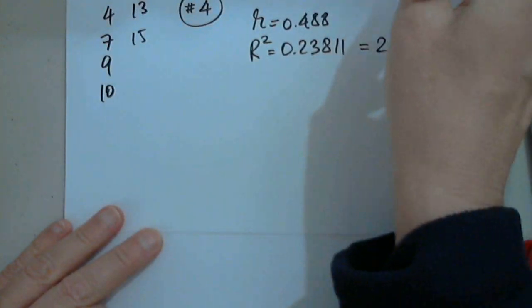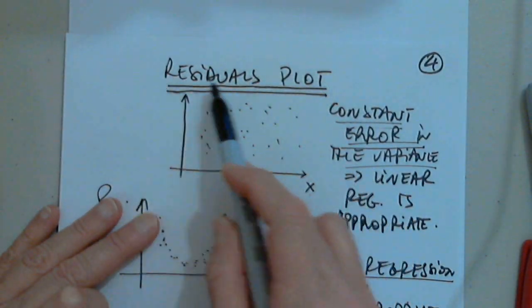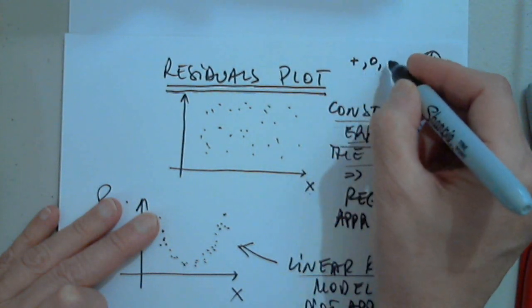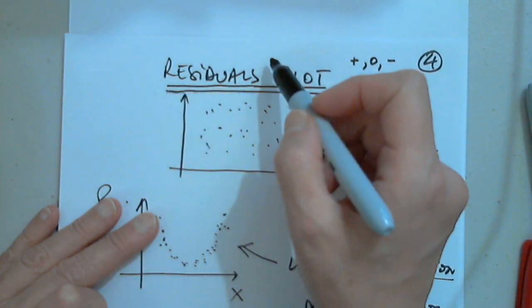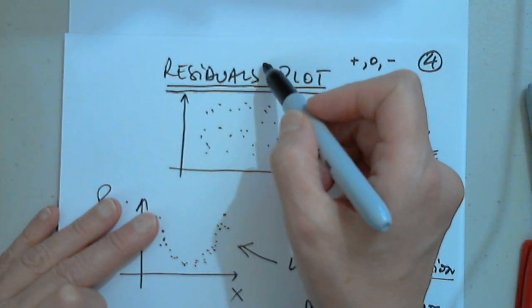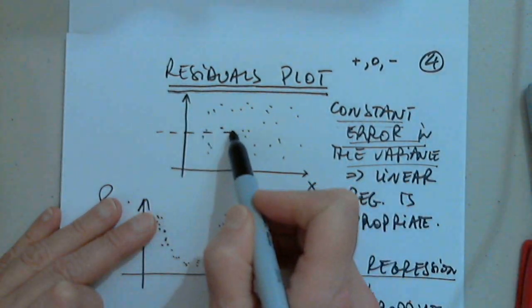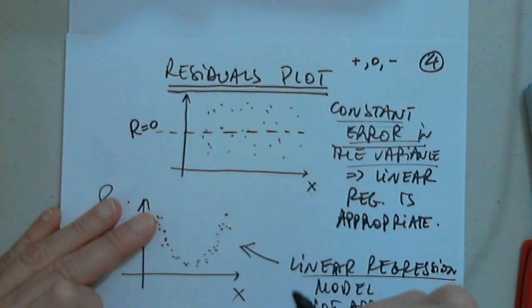So every time we plot the residuals, remember residuals are positive, 0, and negative. We're not plotting the residuals squared, so the numbers will be positive and negative. So this line is where the residuals are 0.